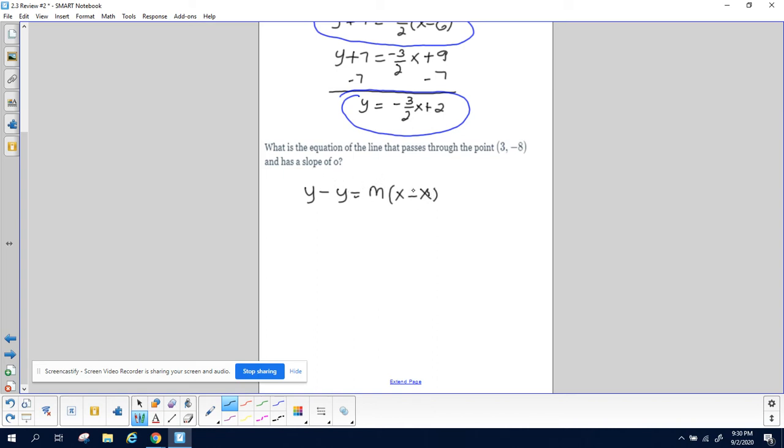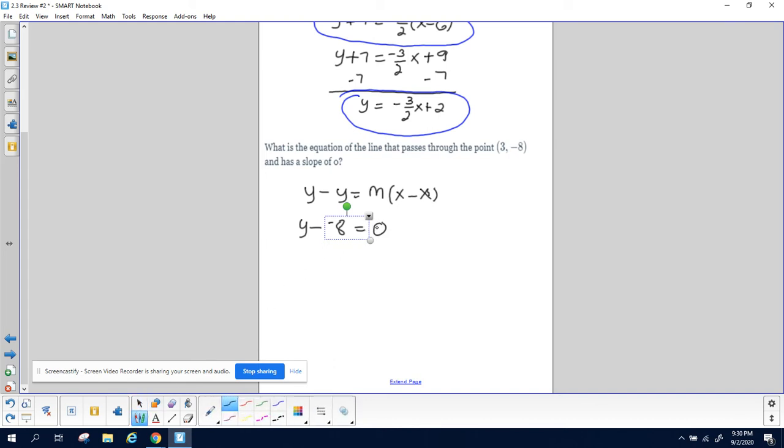The 3 given values have to go in the right spots. So y subtract, not the slope number, not the x number, -8 equal, slope number goes here, so that's a 0.